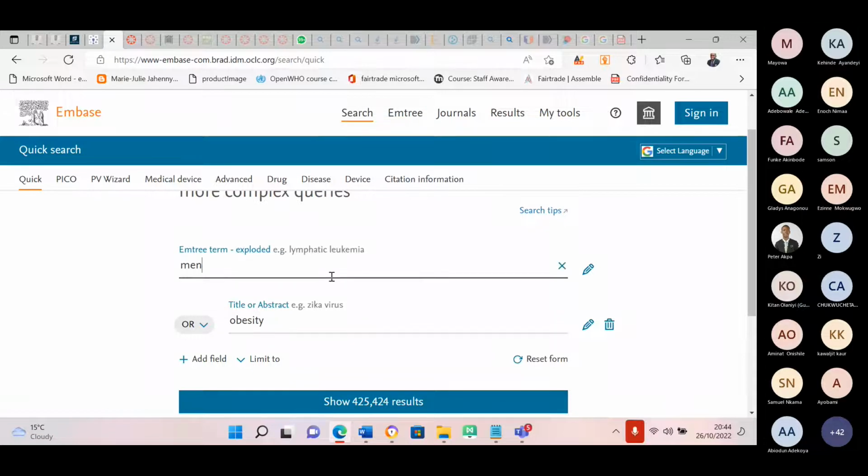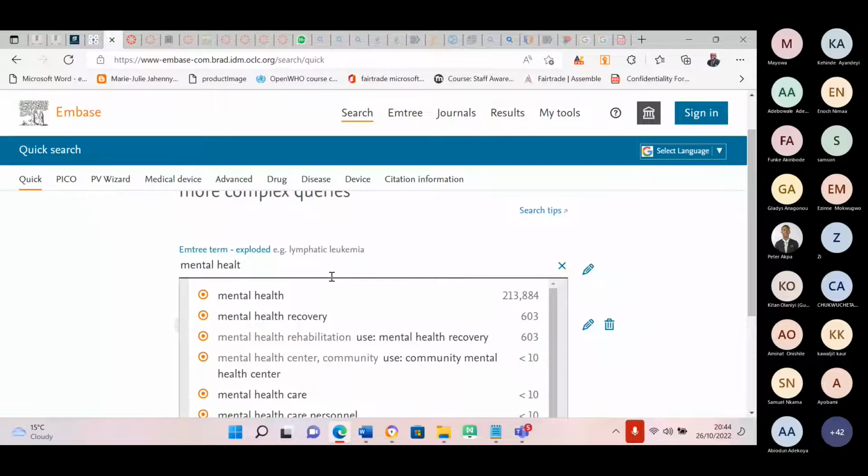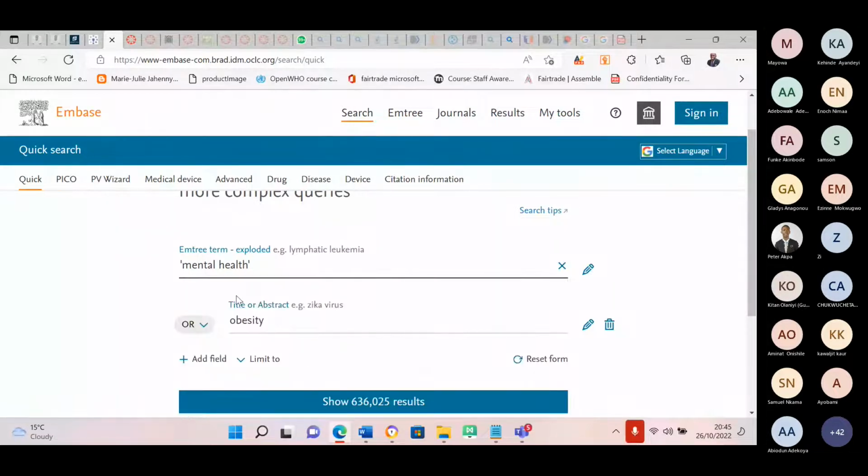That's the mesh term. Mental health. So it's giving me what you say I should click. So I will click on this one. That's what I want. Now, mental health mesh heading.